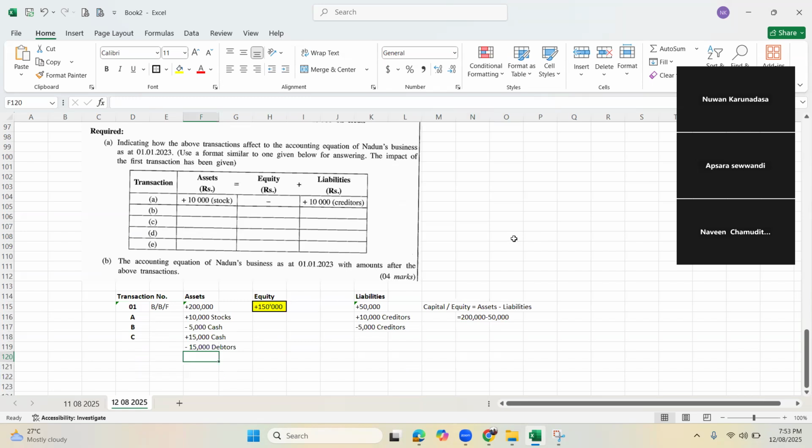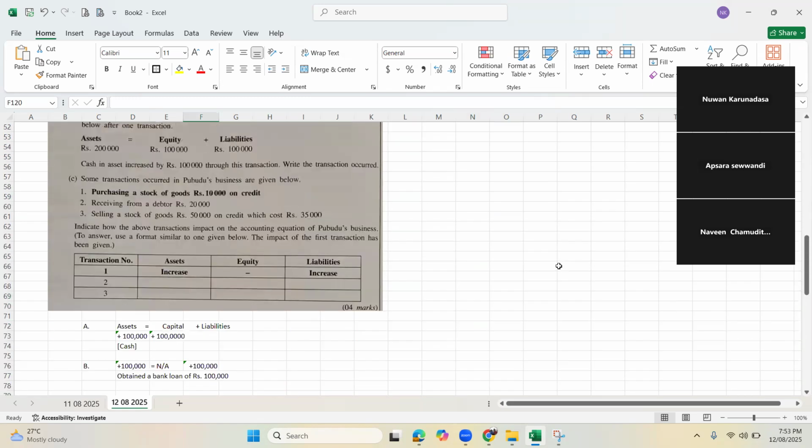Right now you are confused with the debtor and the creditor. When you do the credit sales, then the debtor will be created. The debtor or the trade receivable is an asset for you.